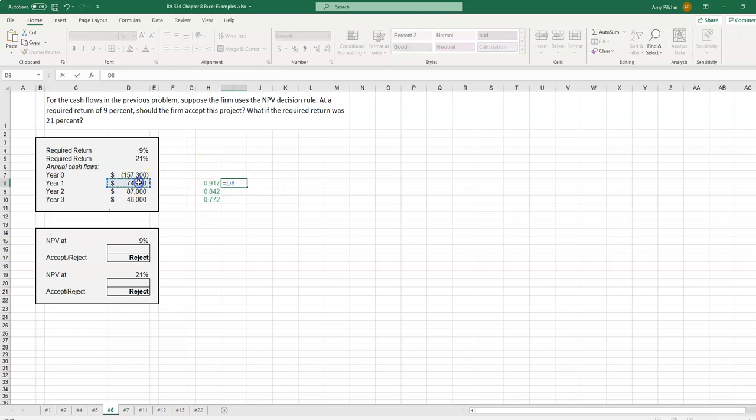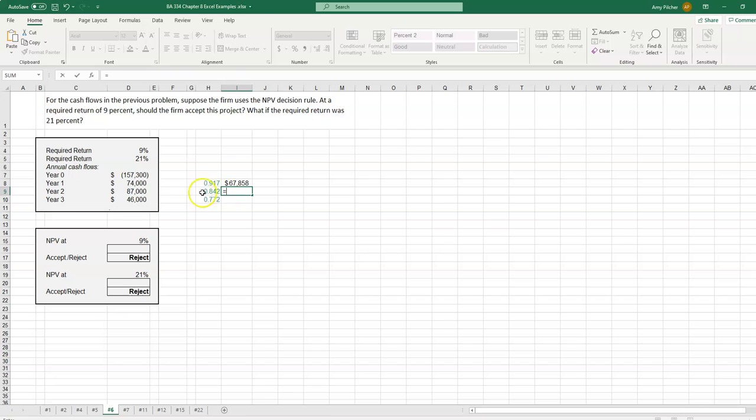We take the year times the factor, we add these together, and this is the present value of our cash flows.